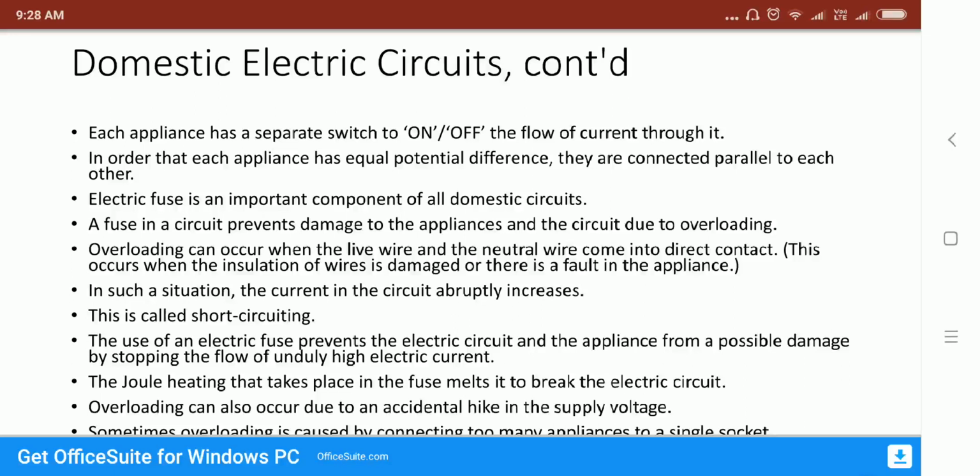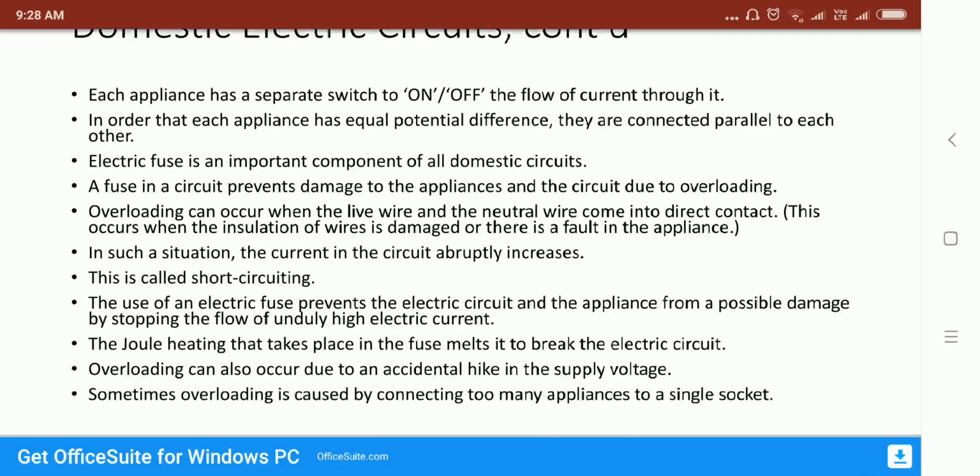Here an electric fuse we have used. It is important in a domestic circuit. A fuse in a circuit prevents damage to the appliance if the current is overloading, or if for an instant of time a higher current is flowing through it. Overloading can occur due to a short circuit, if the live wire and neutral wire come in direct contact, or the insulation of the wire gets damaged due to a fault.